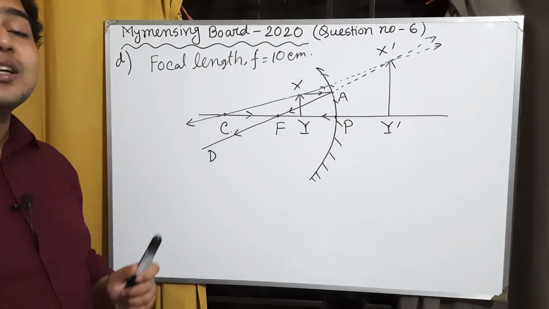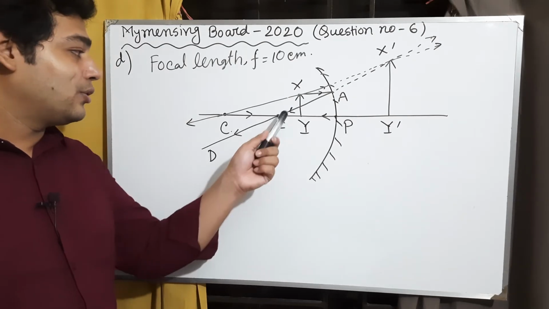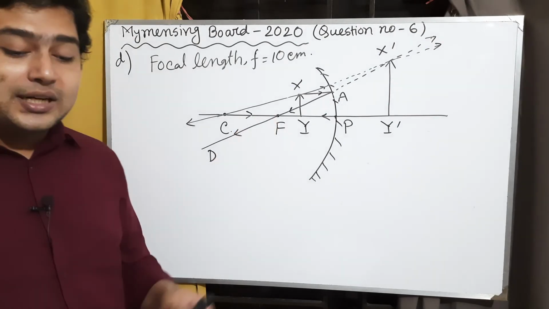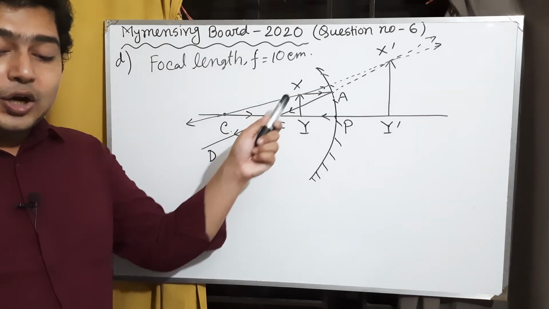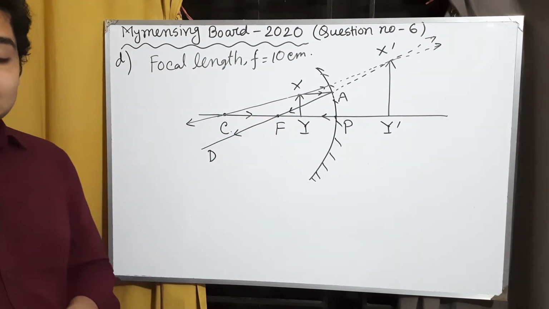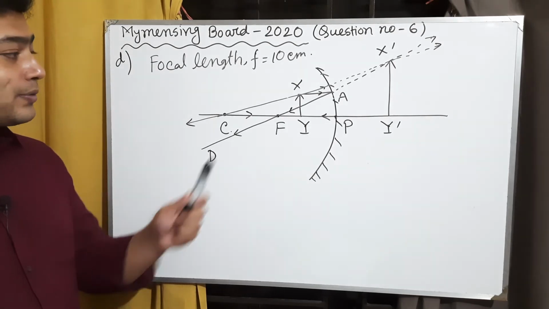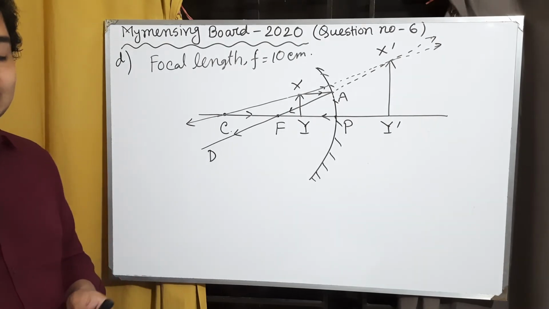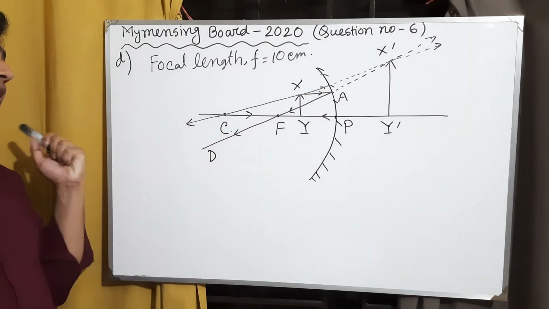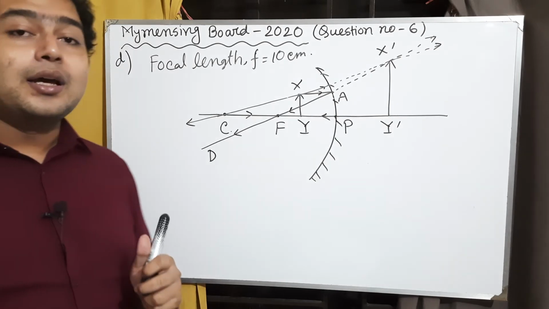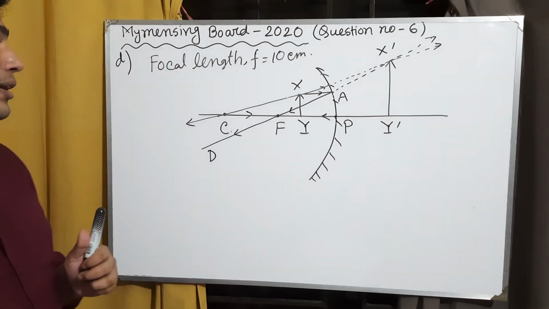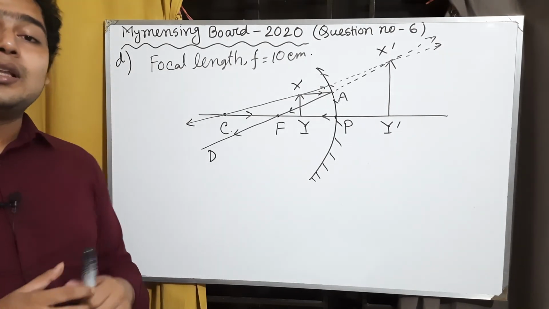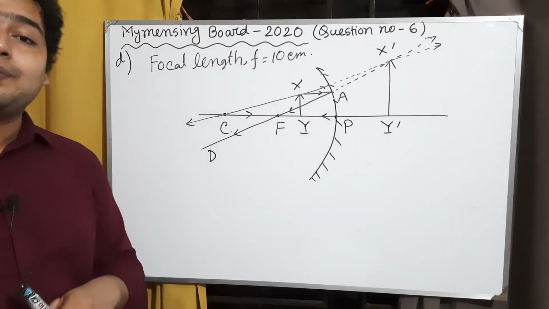AD is our reflected ray, which goes through the focus point. Another light ray from X goes along the center of curvature and reflects along the same path, because a light ray passing through the center of curvature returns along the same path.